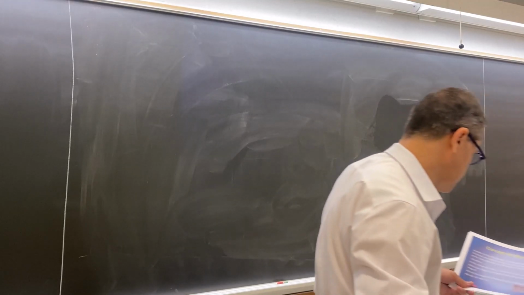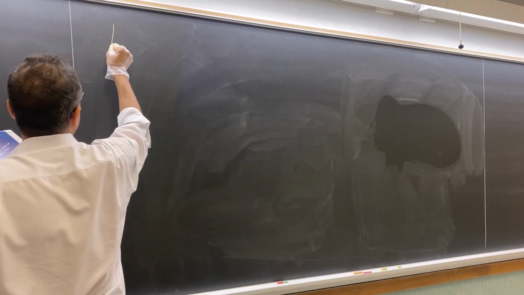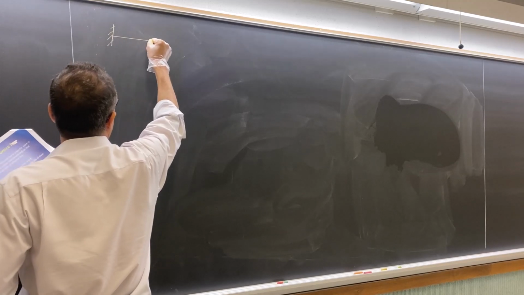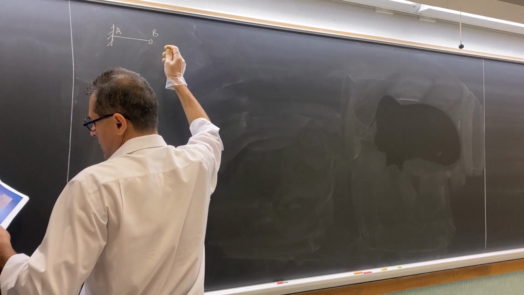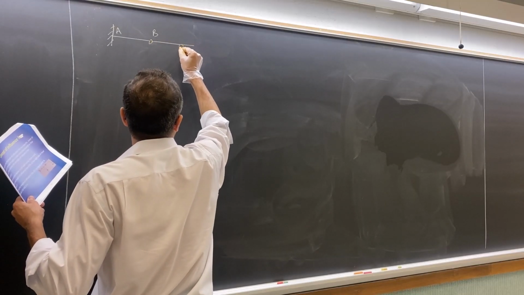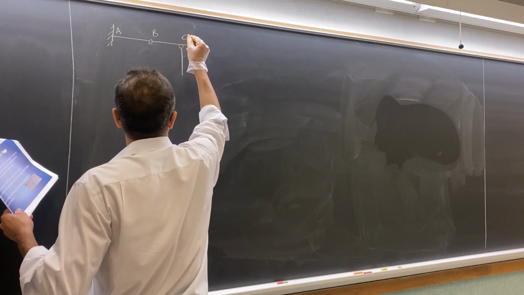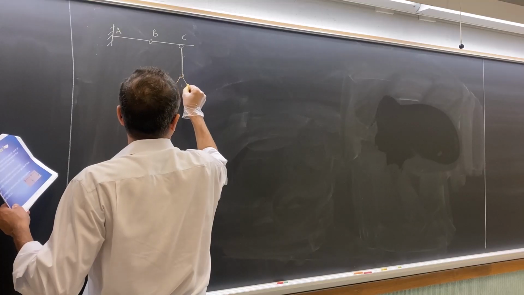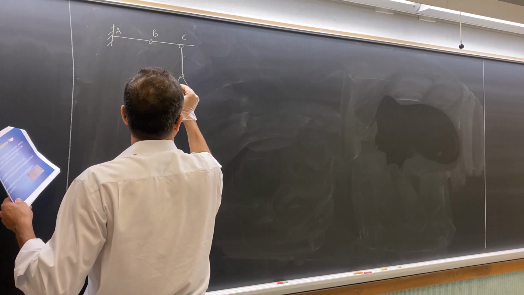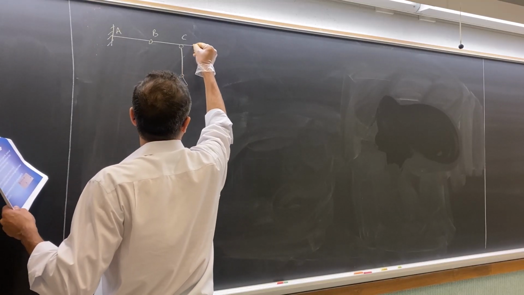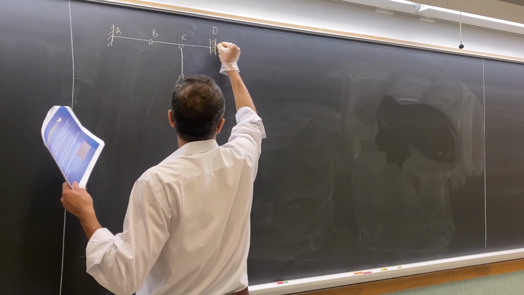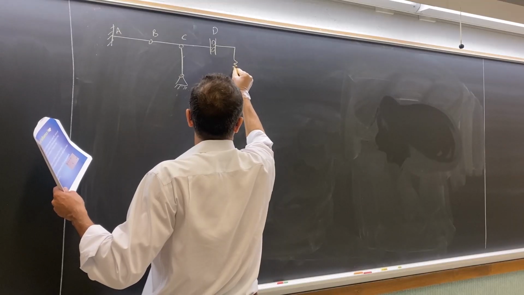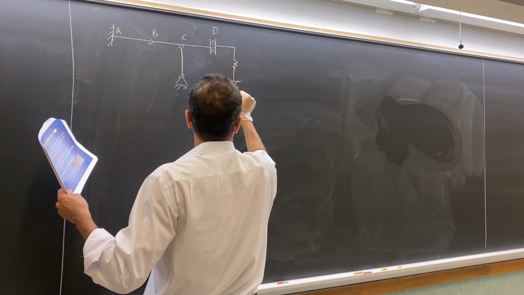So I draw it here. We have a fixed support, we have a pin at point B, and we have a pin at point C, pin support here. We have a slider or shear hinge at point D, linear spring E.